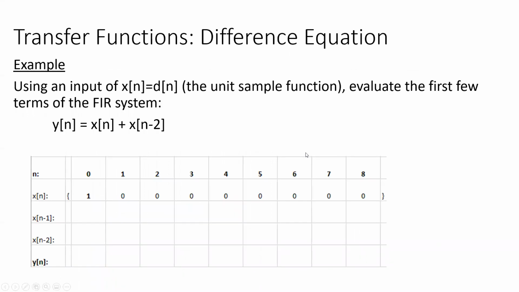So I don't know if this will work actually. I'm going to try it, but basically, let's do this. If you have an impulse input, then it's just 1 at the index of 0.